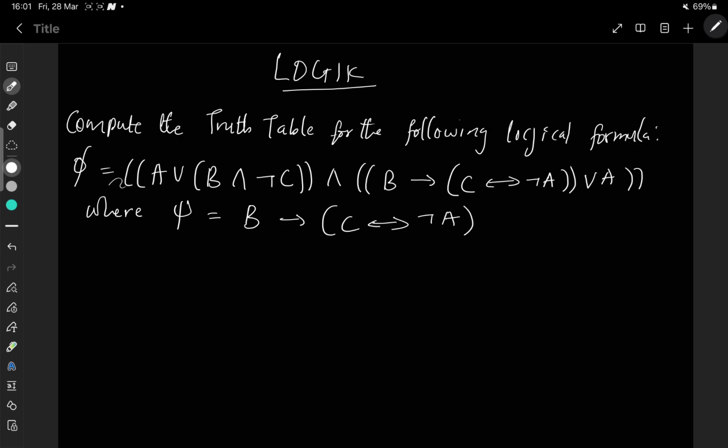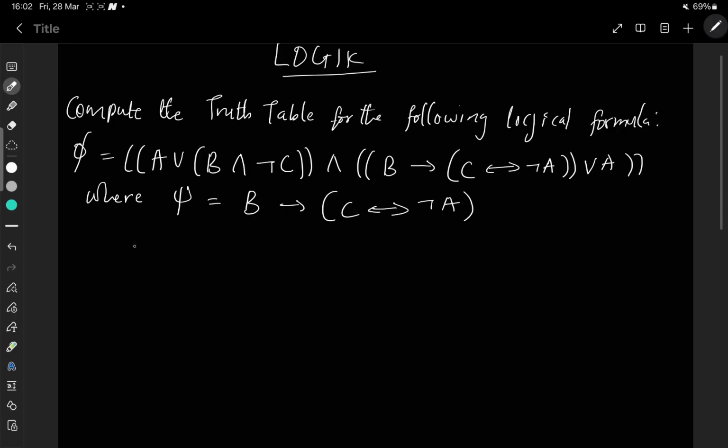So we have phi equal to ((A or (B and negative of C)) and ((B implying (C implying negative of A)) or A)), where psi, this is psi, where psi equals B implying (C implying negative of A).